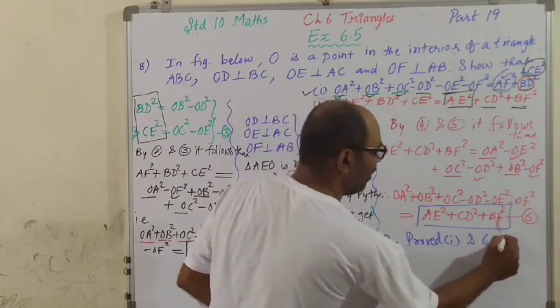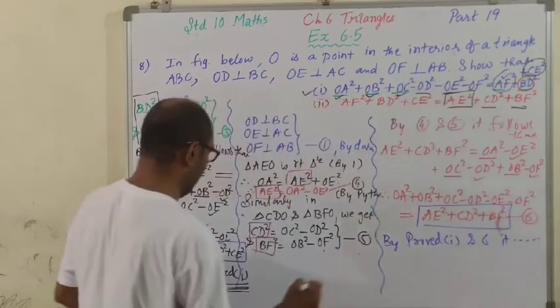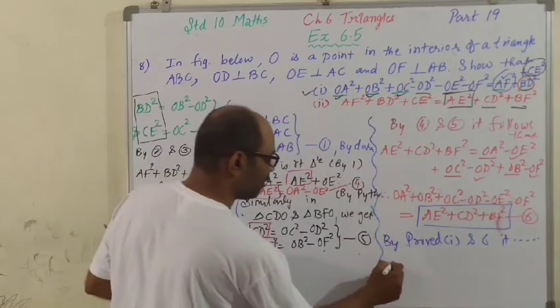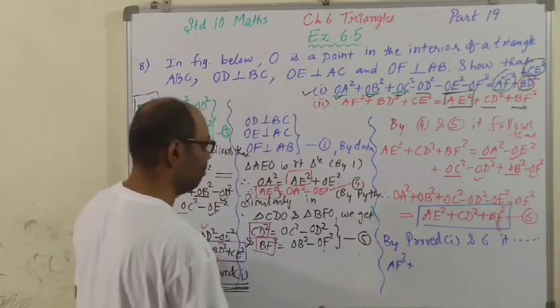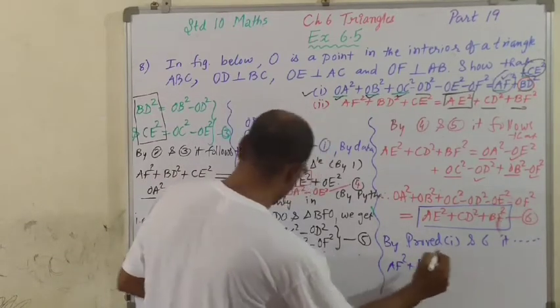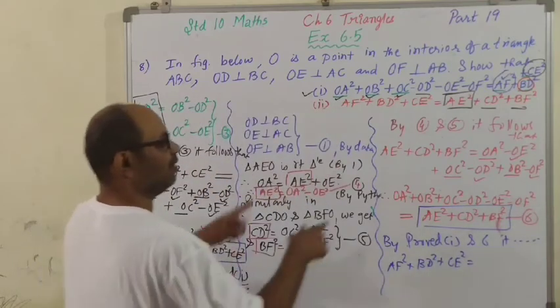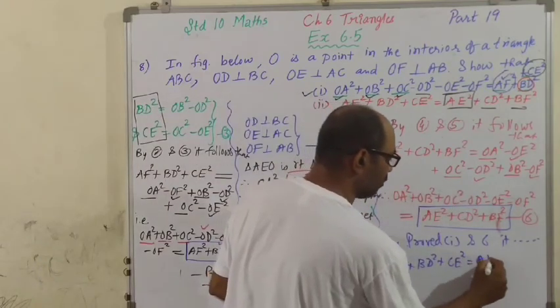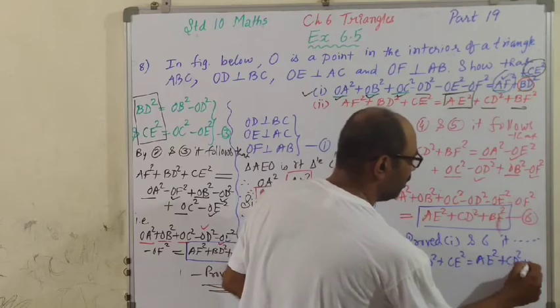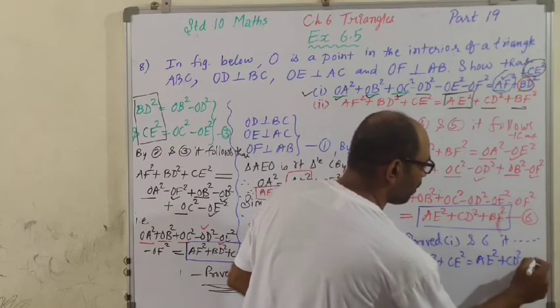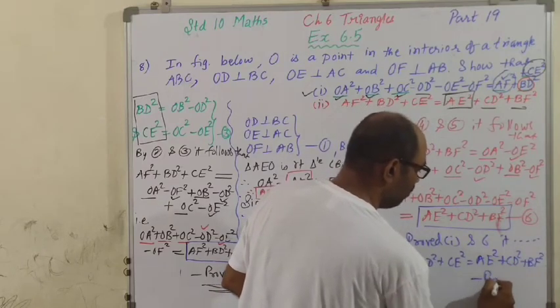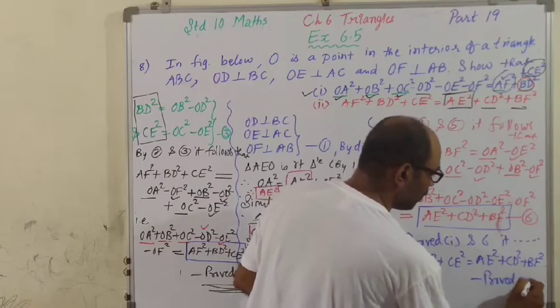and 6, it follows that AF square plus BD square plus CE square, this blue box, is equal to this blue box, AE square plus CD square plus BF square, by Euclid's property. Proved 2.